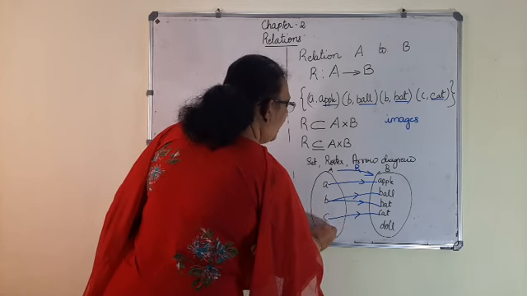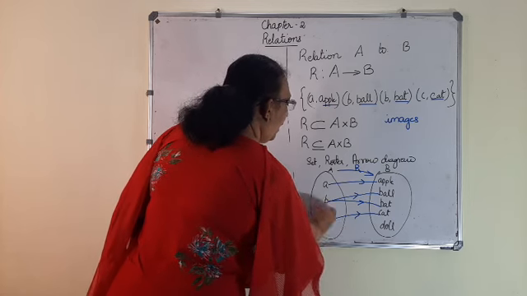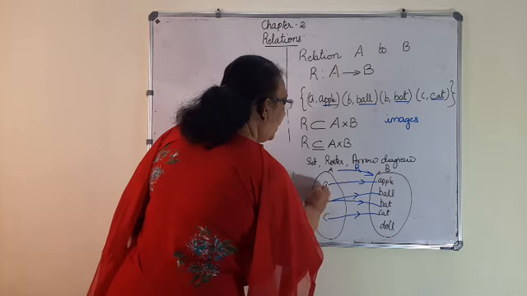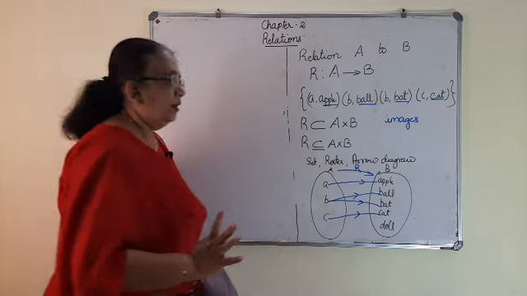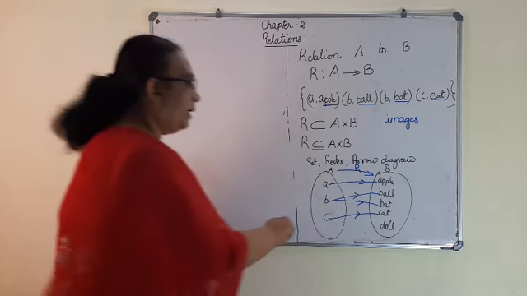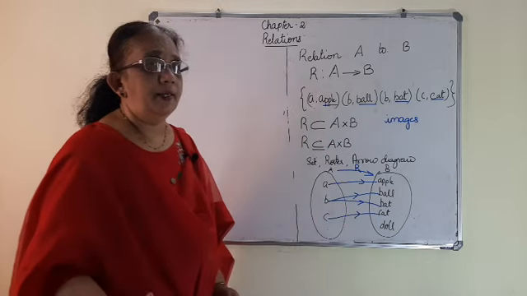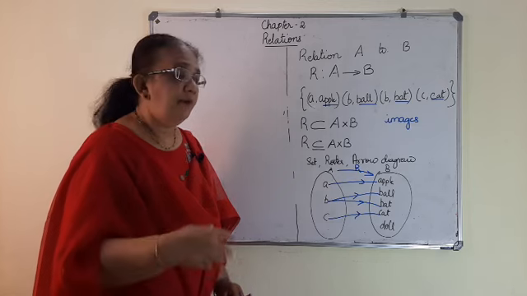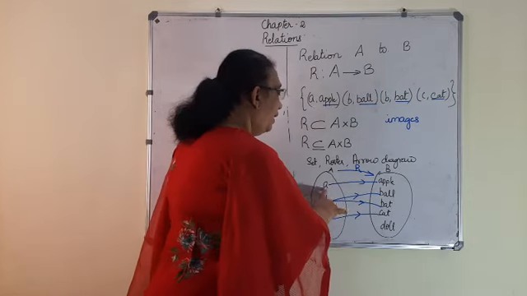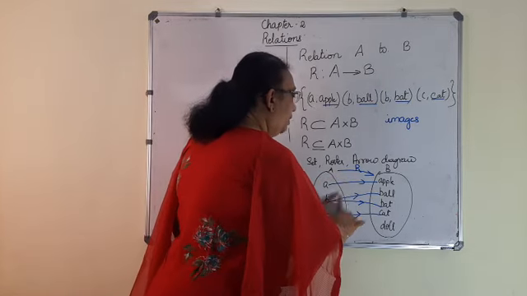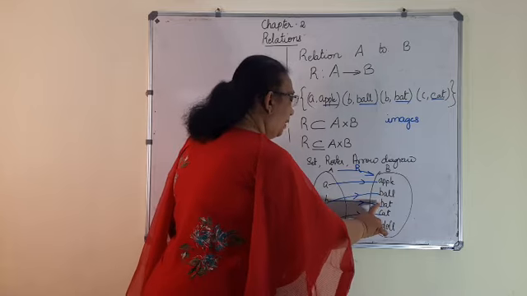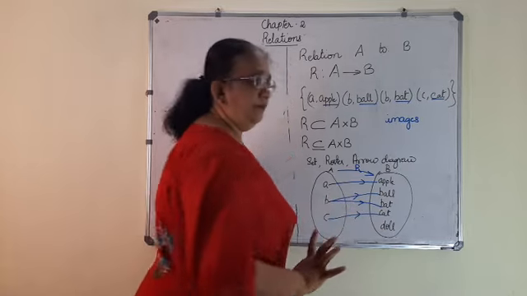Because I don't have any element in A connected to it. I have only elements a, b and c in A. If d is there, it can be connected to doll; it may or may not be connected. It is up to the relation. I have defined a relation such that a goes with apple, b goes with ball, b goes with bat, c goes with cat.